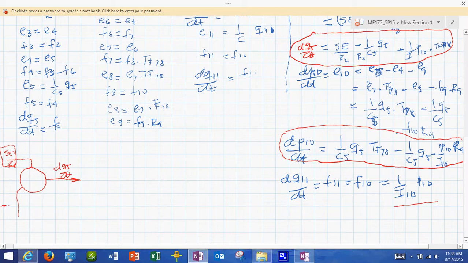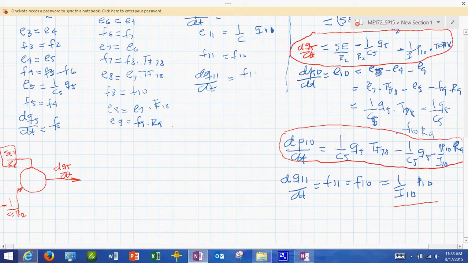minus 1 over C sub 5 R sub 2. Yeah, that's that term.